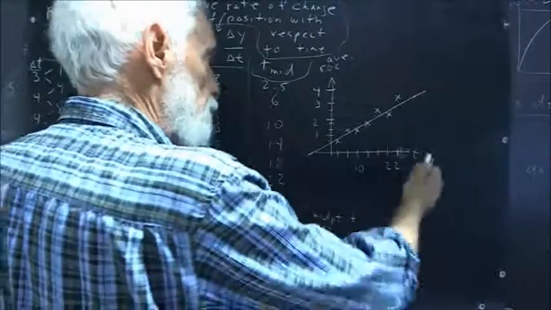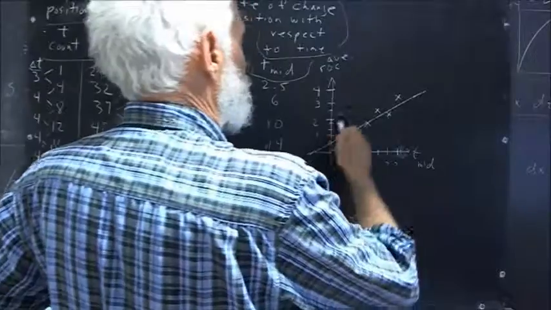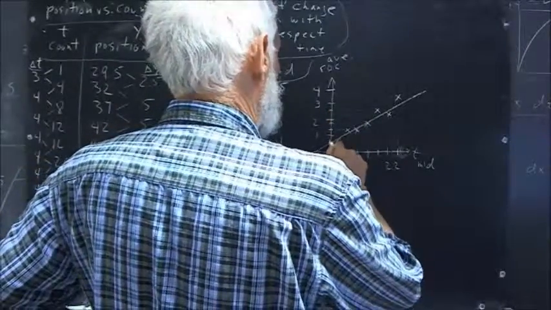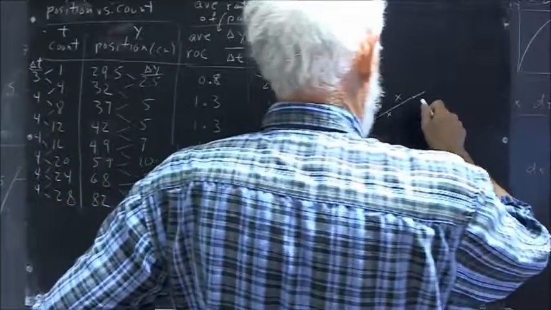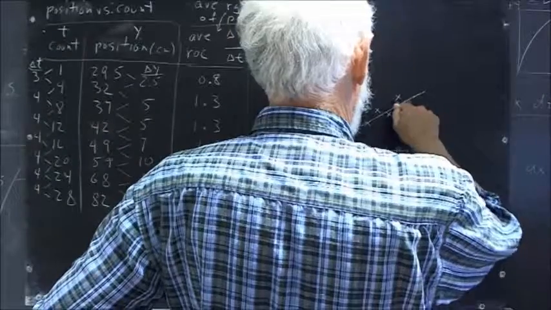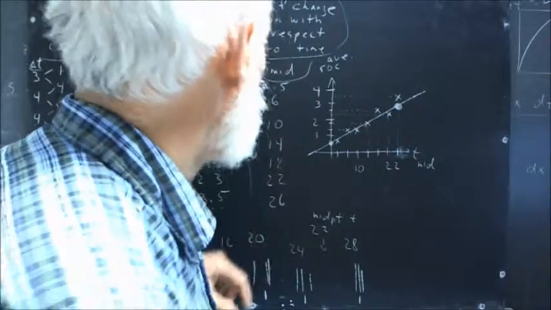Since the graph goes through the y-axis, I'm going to use this as one of my points, and I don't want to go too far beyond the end. I'm going to use this as the other point because my scale only goes up to about 26 here.